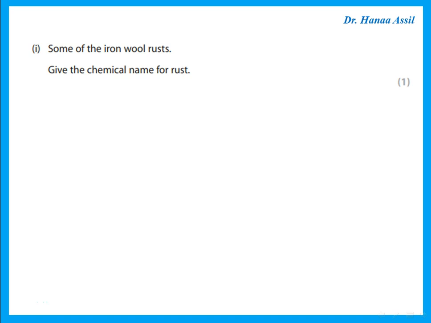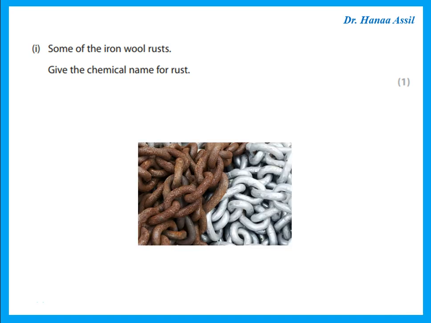Give the chemical name for rust. You should remember, if we're talking about appearance, the iron before rusting is like any other metal, it's silvery gray. But after it rusts, it looks reddish brown and flaky. Flaky means it will peel off easily.